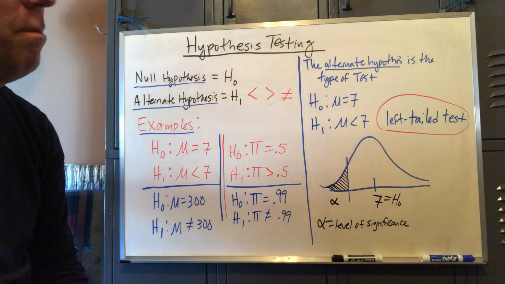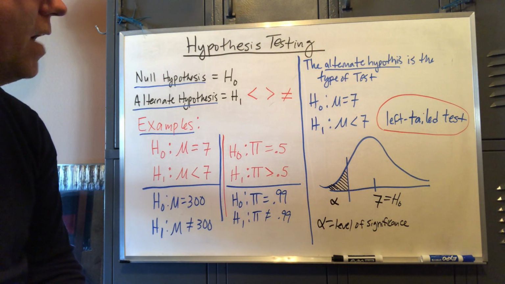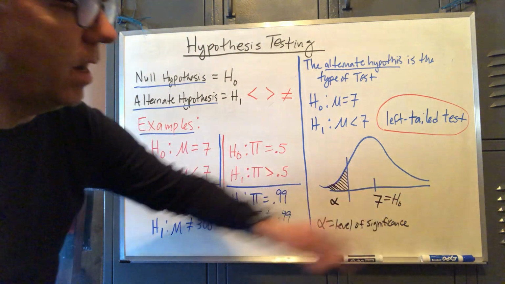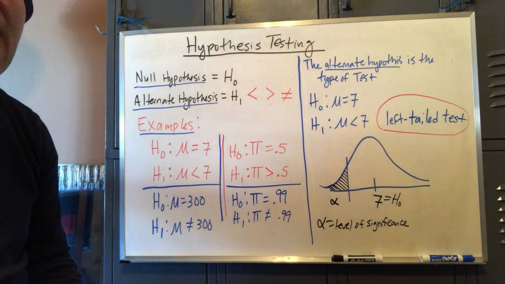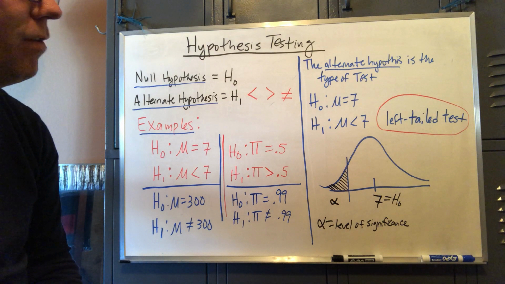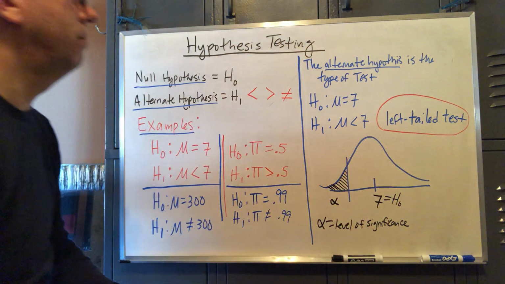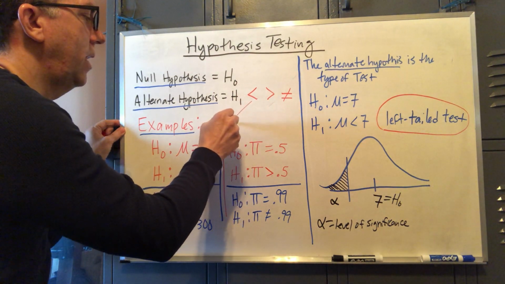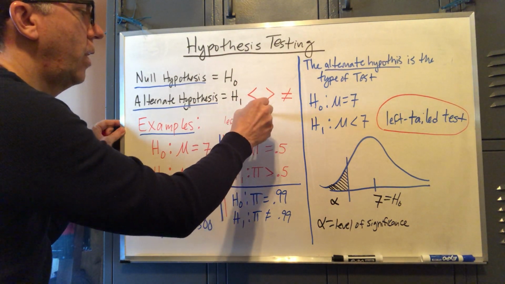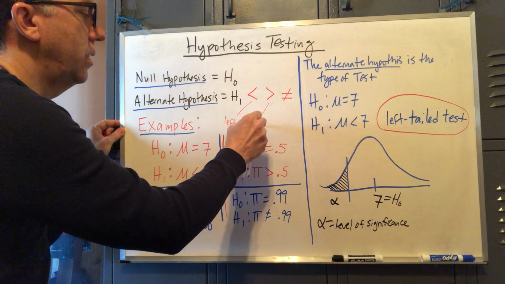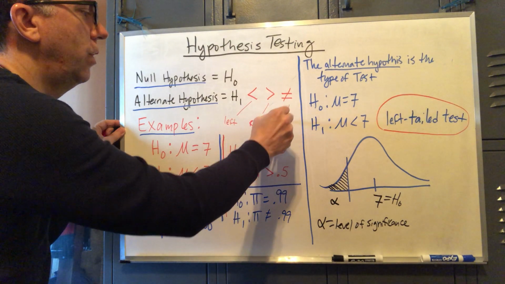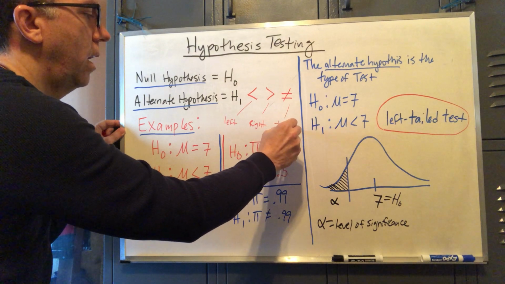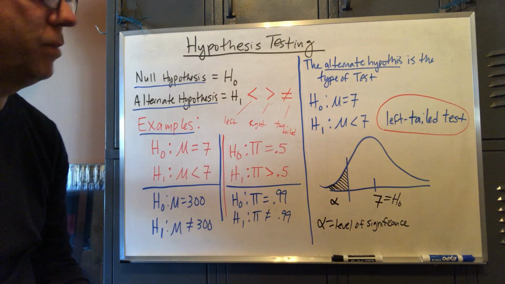And we'll talk about what that means in a second. All right? So then if I had a greater than symbol for my alternate, I would have it based on the right side. And then if I had a not equals, I have it on both sides. So less than is a left-tailed test. Greater than is a right-tailed test. And not equals is a two-tailed test. So we have those 3 types.